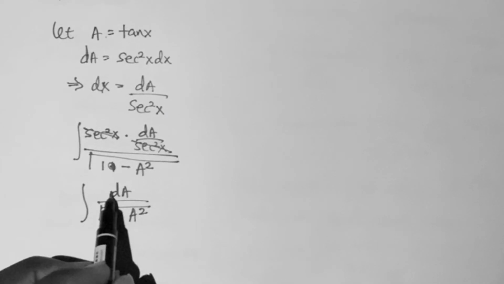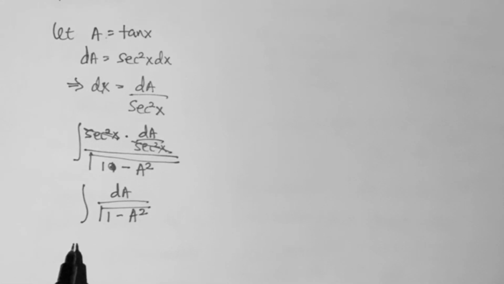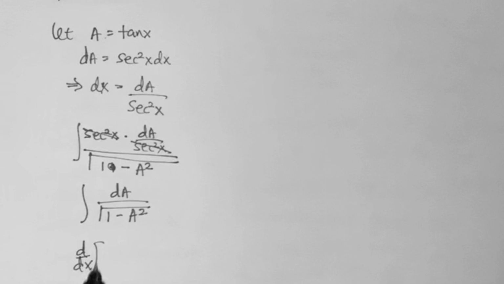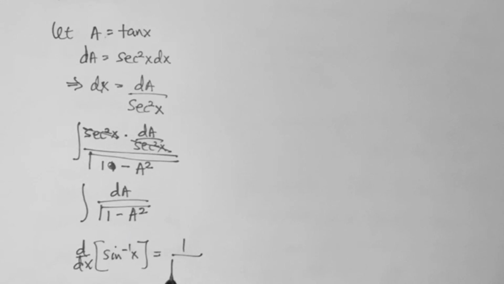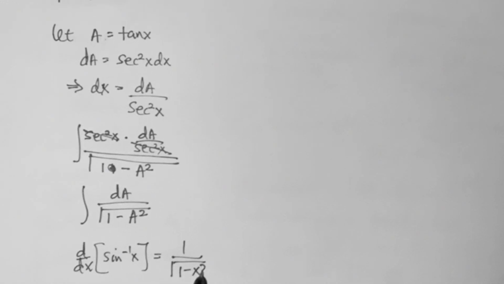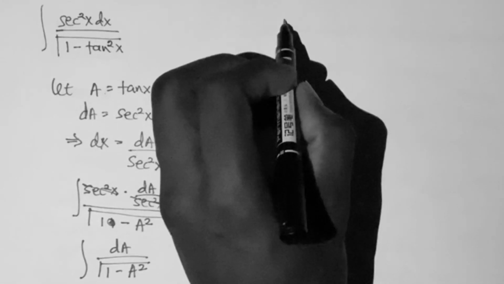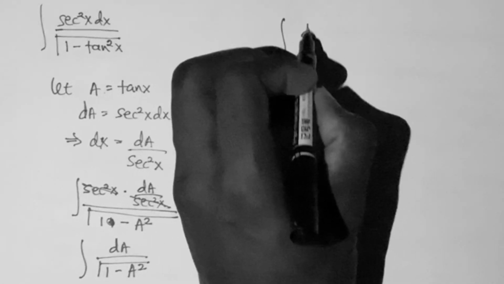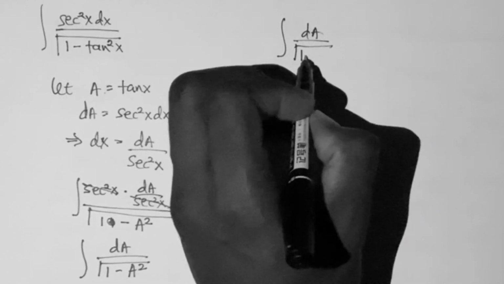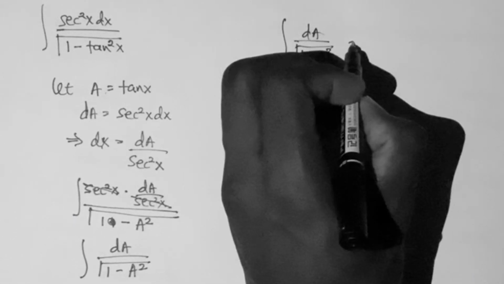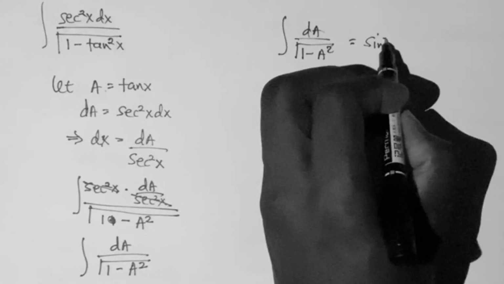Now, d dx of sine inverse of x is equal to 1 divided by the square root of 1 minus x squared. So the integral of dA divided by the square root of 1 minus a squared is equal to sine inverse of a.